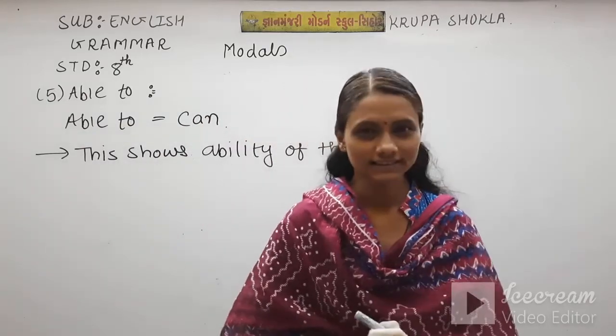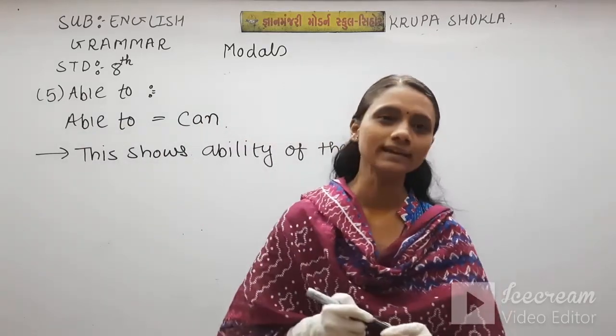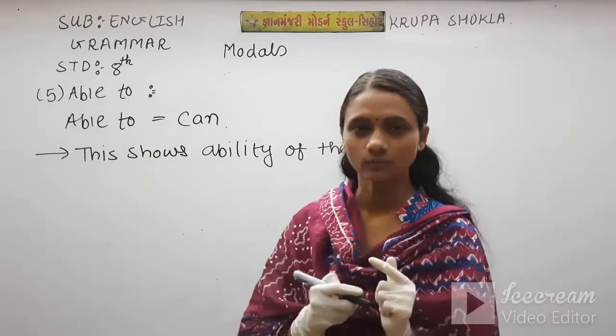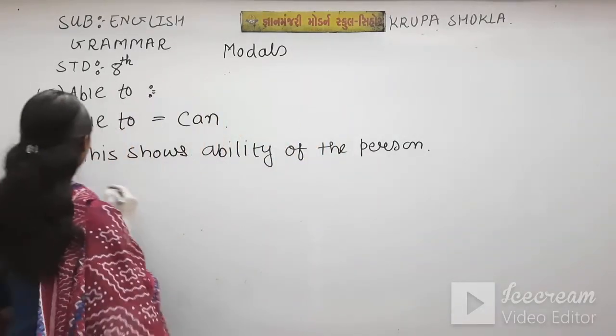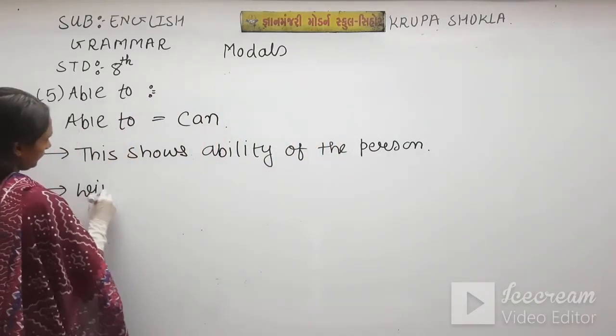The difference is that when you use able to, at that time the helping verbs am, is, are, was, were must be there with able to.